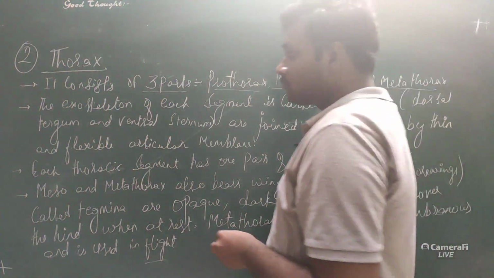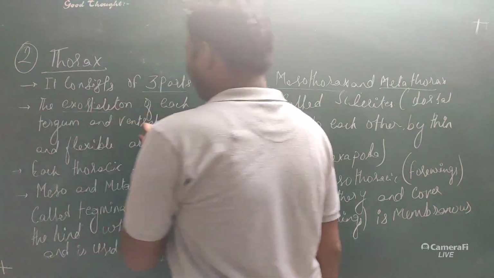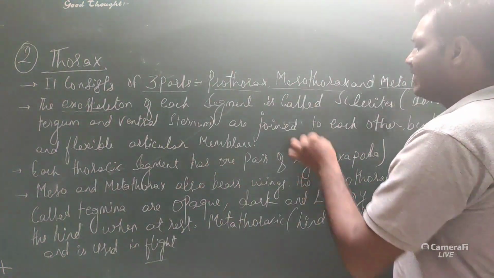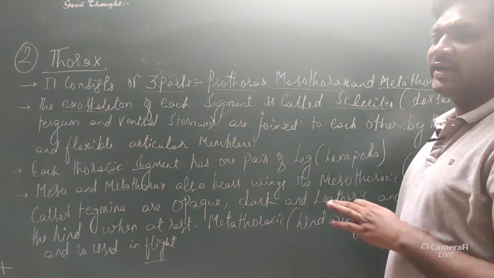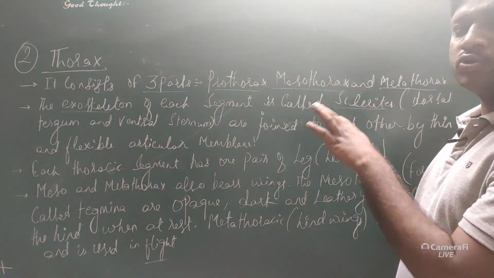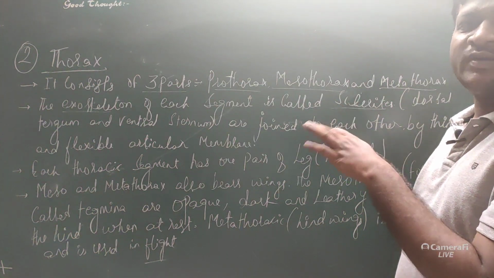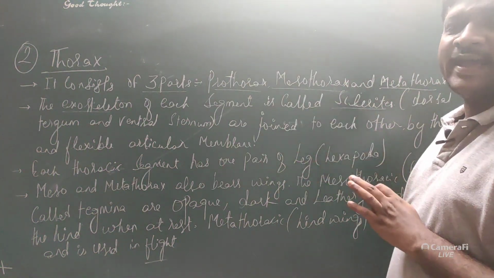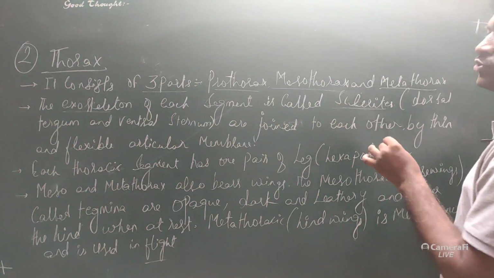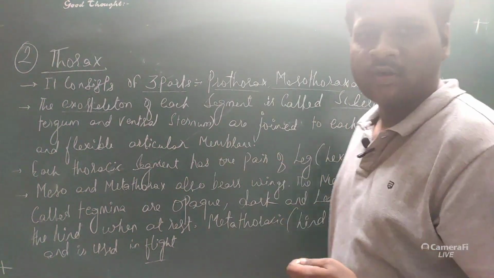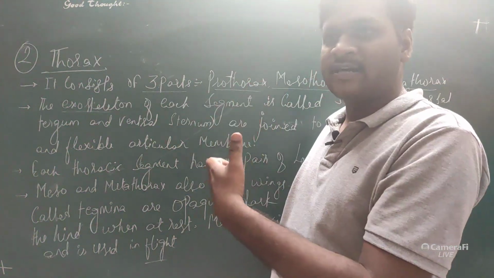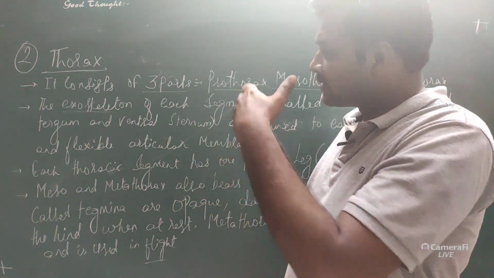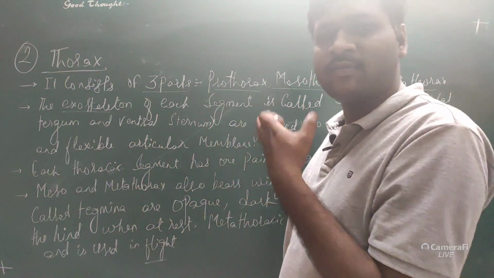Now the exoskeleton of each segment is called sclerite. Remember this, the exoskeleton in the cockroach is made up of chitin, so we call it a chitinous exoskeleton. This exoskeleton consists of segments. The body is divided into three main parts, but it also has segments on the dorsal side and on the ventral side.